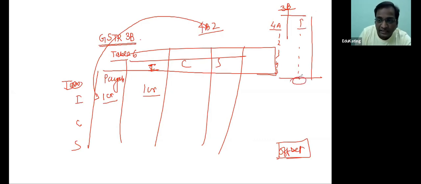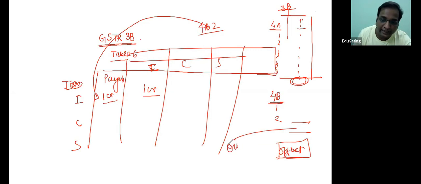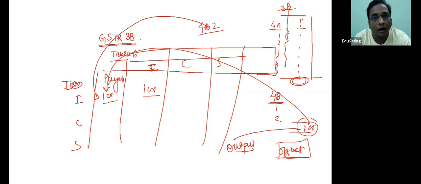If there is no entry, and you enter any amount in table 4B, it will be added to your output tax liability. The same thing happened in this practical problem. There is no input tax credit in any of the fields, so net ITC comes into the negative and this negative amount has been added in my outward supply.